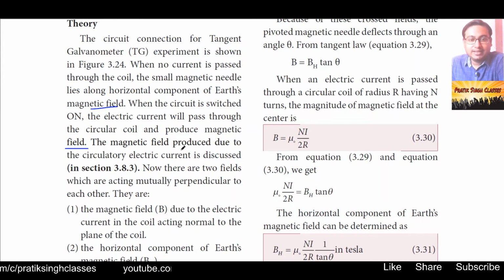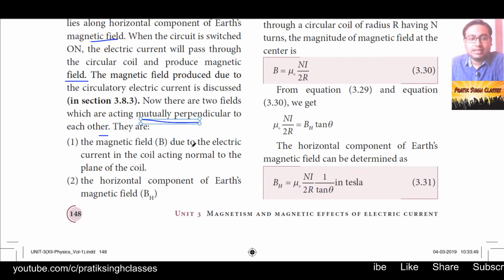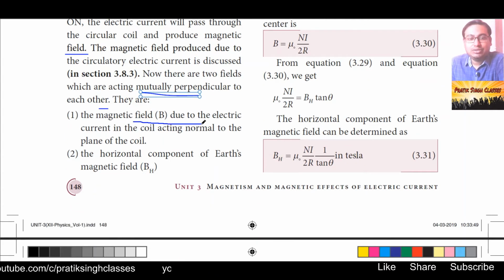The magnetic field is produced due to the circulatory electric current. Now there are 2 fields which are acting perpendicular to each other: the magnetic field due to electric current in the coil acting normal to the plane of the coil, and the horizontal component of Earth's magnetic field.